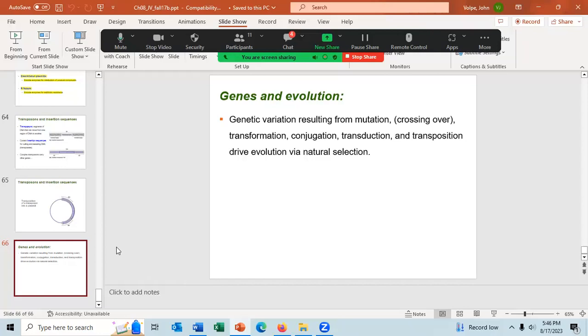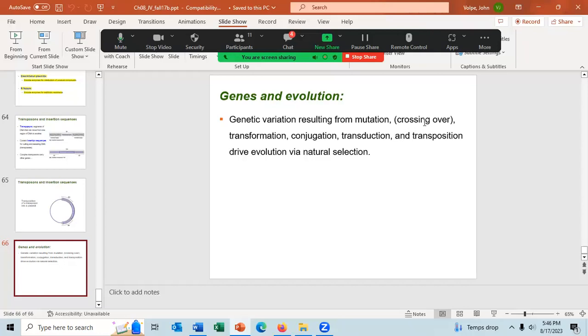So genetic variation is important for populations, and genetic variation, if it does not exist in the species, can only arise from mutation. But once the genetic variation arises in the species, it can be moved around by crossing over, by the plasmids moving from cell to cell, or plasmids moving it from one location in the cell to another, and the same with transposons.